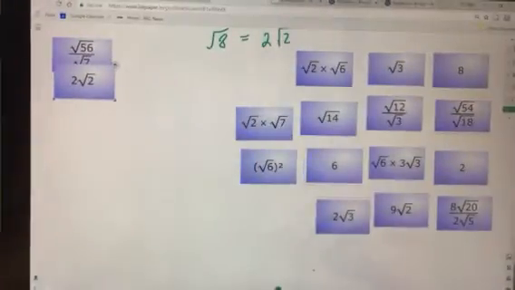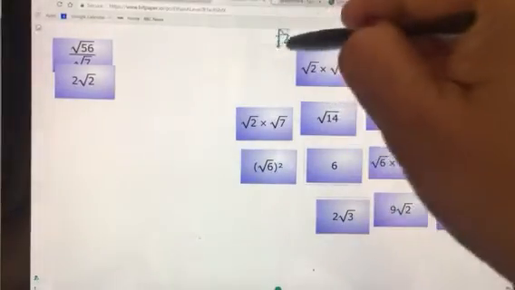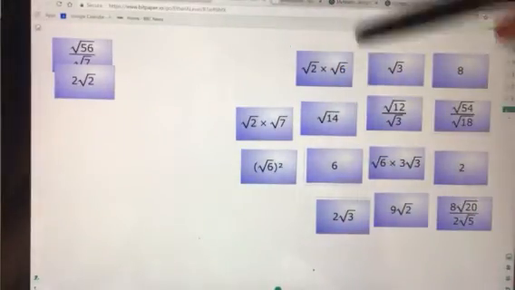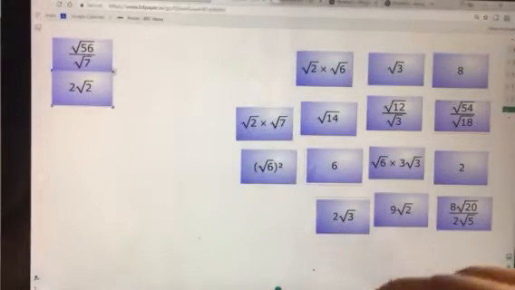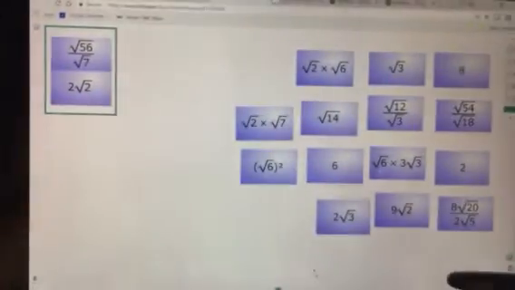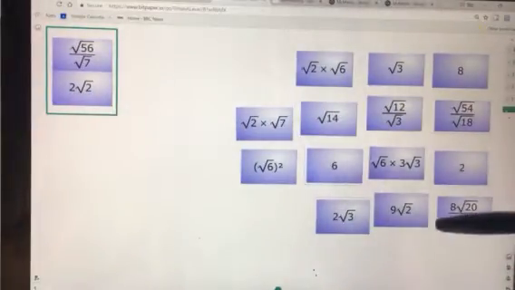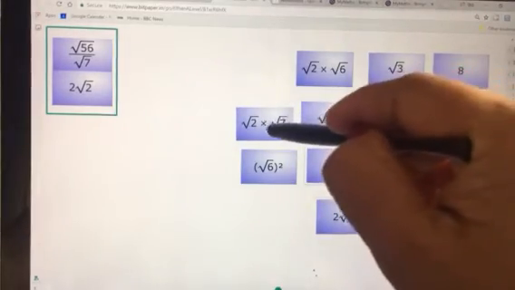Okay, so we're just gonna take that off so we won't have all these unnecessary writings in the background. So this is paired with that, and we're just gonna put a square around it to show that that is a pair. Now what about square root of 2 times square root of 7?